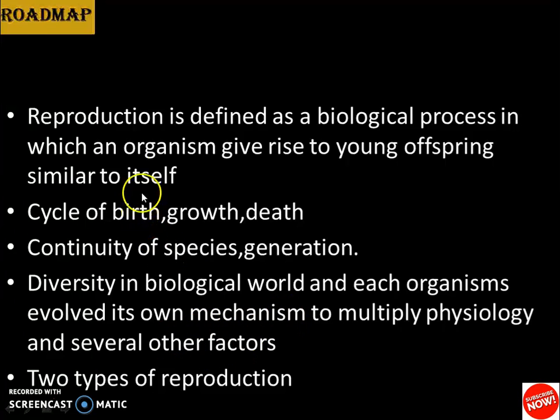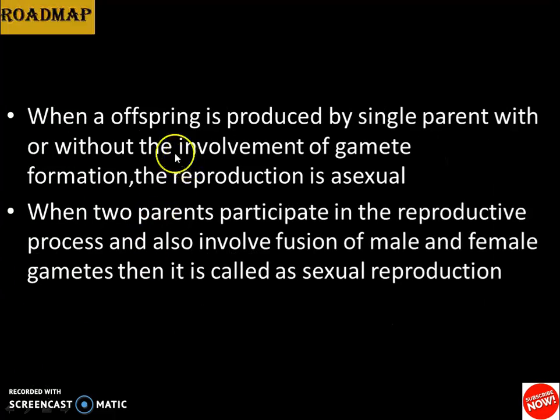Now, we know that reproduction is the biological process in which an organism gives rise to young offspring that is similar to itself. There are two types of reproduction: asexual reproduction and sexual reproduction. When an offspring is produced by a single parent, with or without the involvement of gamete formation, the reproduction is called asexual reproduction.